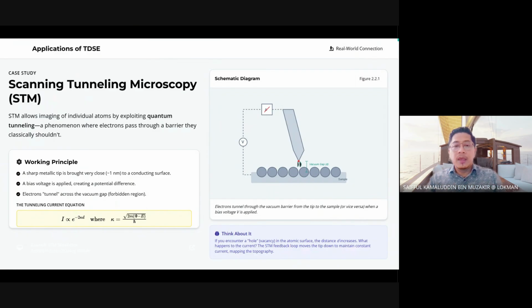But in quantum mechanics, the wave function can extend into and through the barrier. What we just discussed is in terms of classical physics: if the electron does not have enough energy to cross a barrier, it stays on this side. But in quantum mechanics, the electron is a wave function that can extend through the barrier, giving a small but measurable probability of crossing.